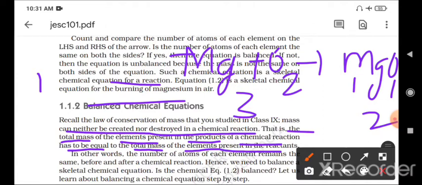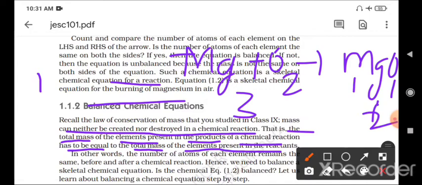What is a balanced chemical equation? The total mass of an element present on the reactant side is equal to the total mass of an element present on the product side.